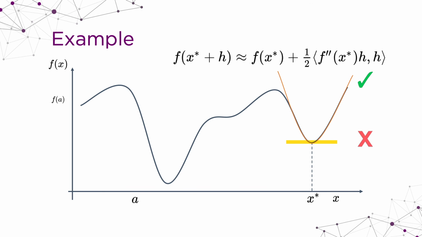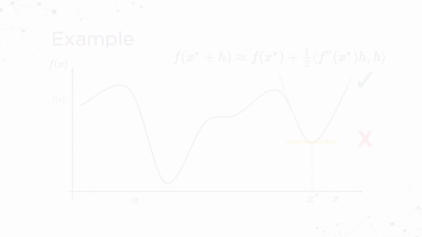So we will just study the performance of our optimizer on this region, which can be very well approximated by a quadratic function. And this is what people have done in convex optimization for many years. They were studying optimizers on a quadratic function.